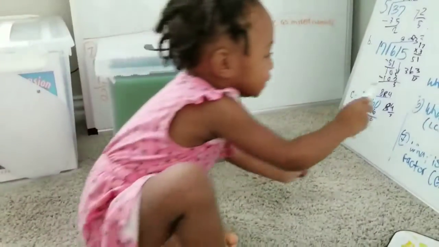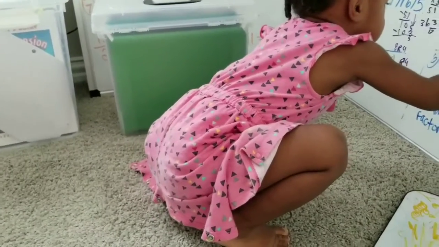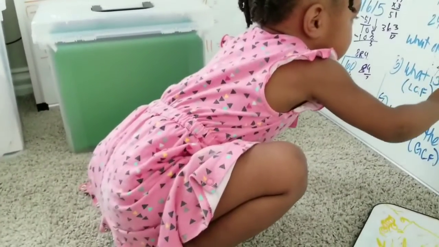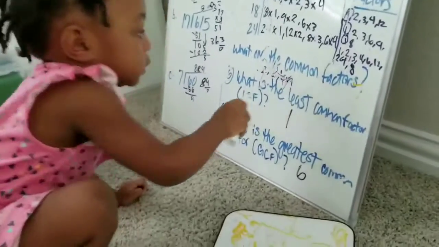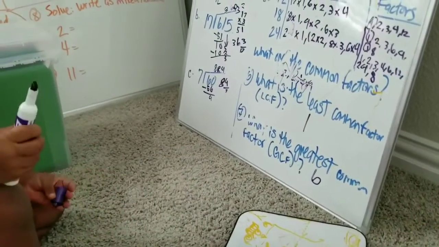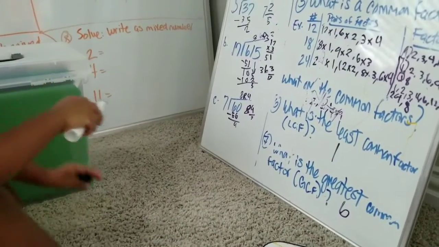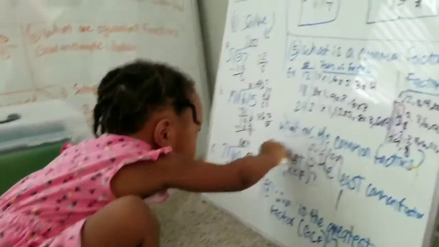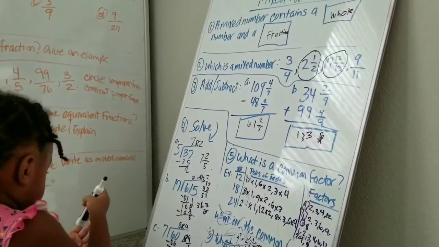Can you erase my board for me? I hear you jumping. Don't hurt yourself. I will get it for you. My hands were on it, but when you said you'll get it for me, I stopped.